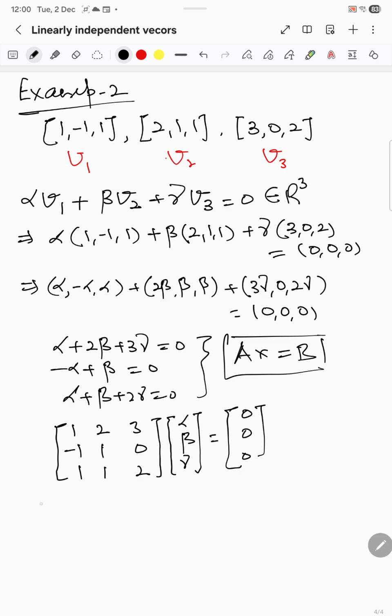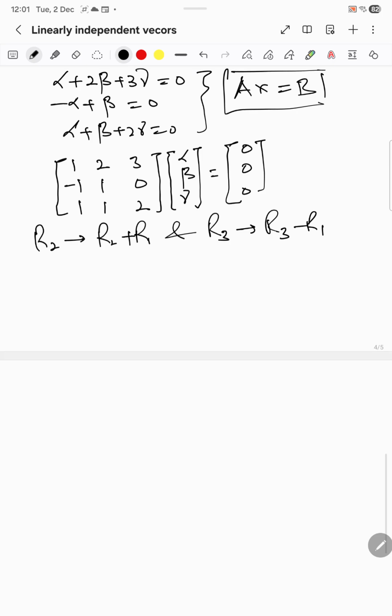Now again we are using the same method, the Gauss elimination method. Our first operation is R2 converted into R2 plus R1, and R3 converted into R3 minus R1.